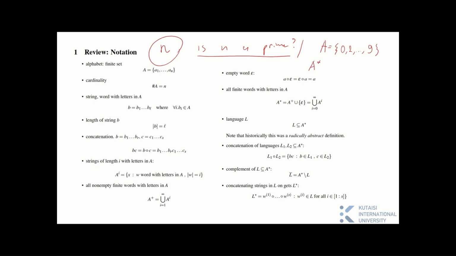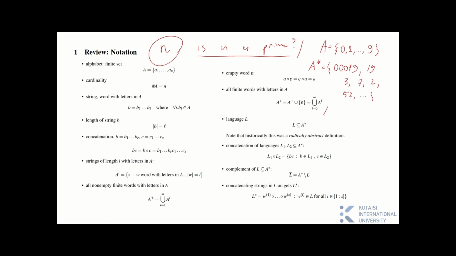Then A star contains all natural numbers and also non-natural numbers. So all possible strings you can make from 0, 1, 2, 3, 4, 5, 6, 7, 8, 9 contain all natural numbers. It also contains things like 00019, which is not a natural number, but it also contains natural numbers.